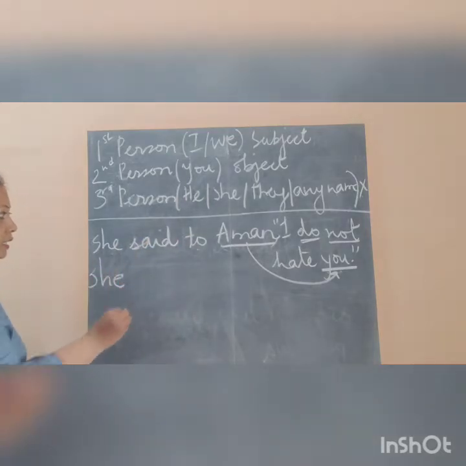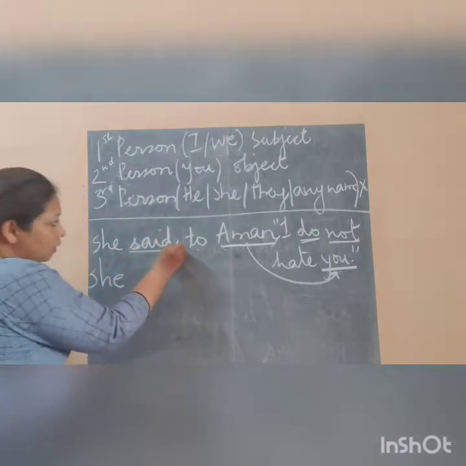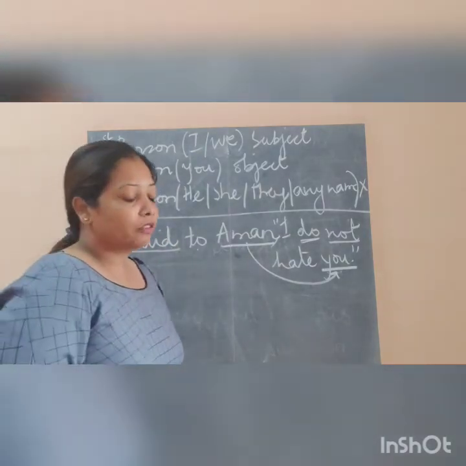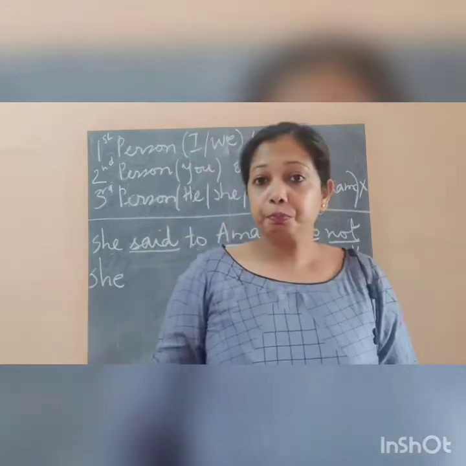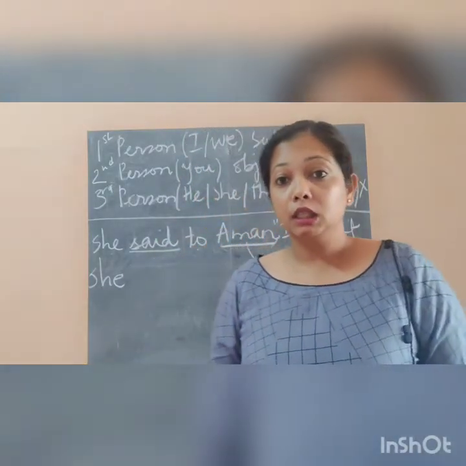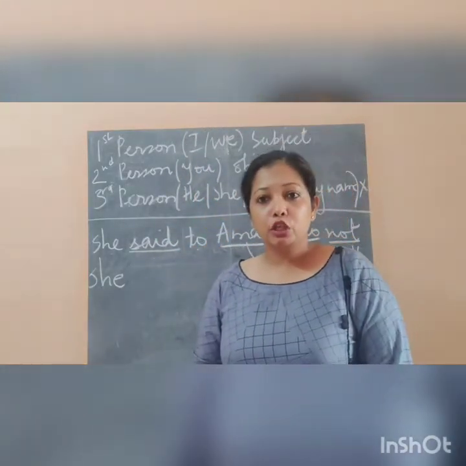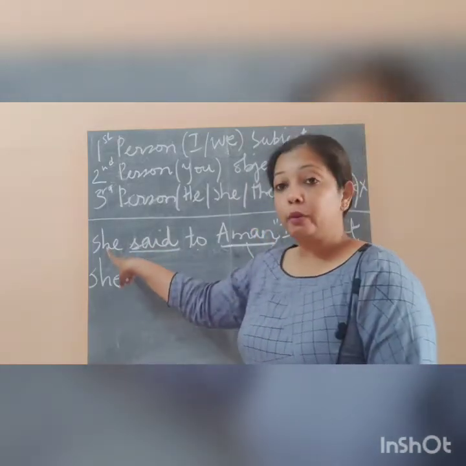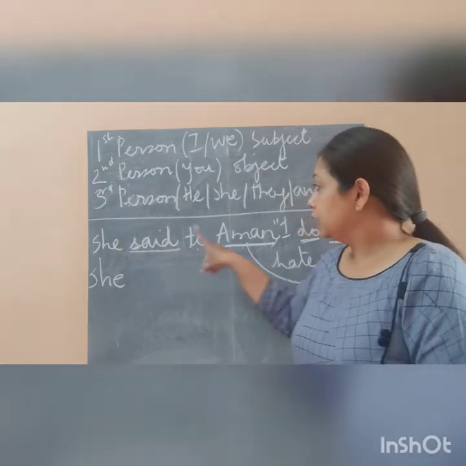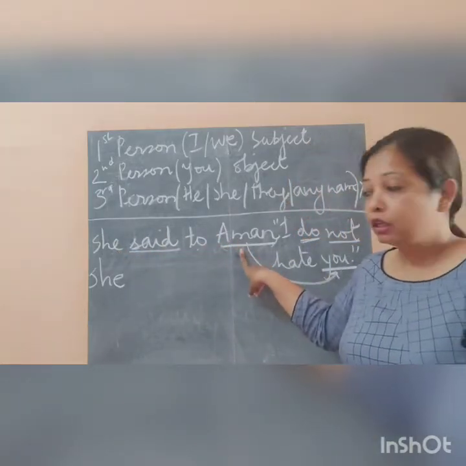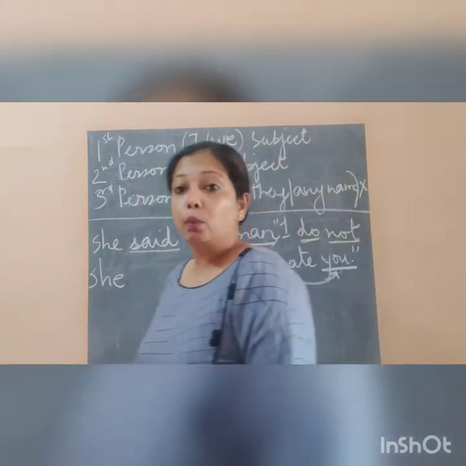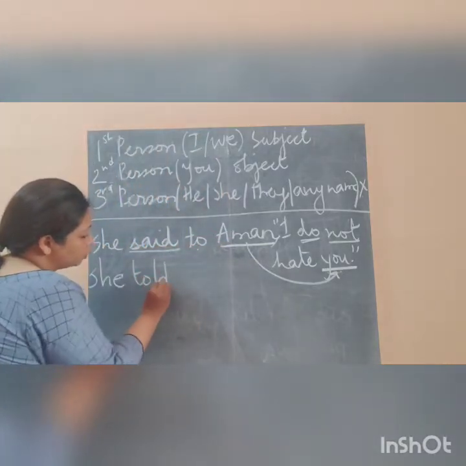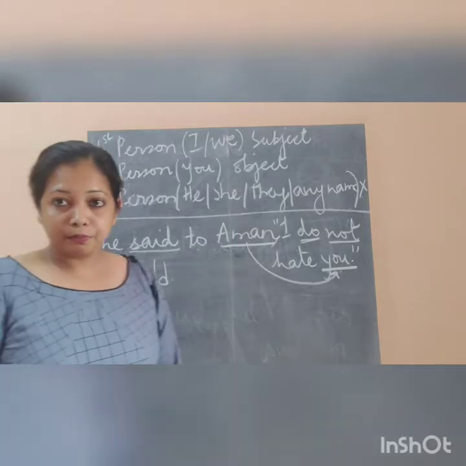Now, this is the reporting verb. When we write the reporting verb, you need to remember one very important thing whenever you are changing direct to indirect speech: we are talking about two persons here, right? She and Aman. So the reporting verb will be changed to told.